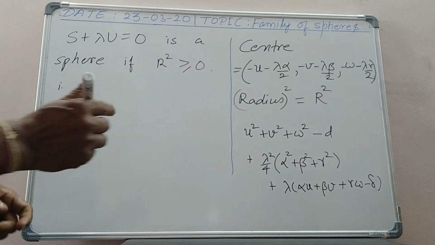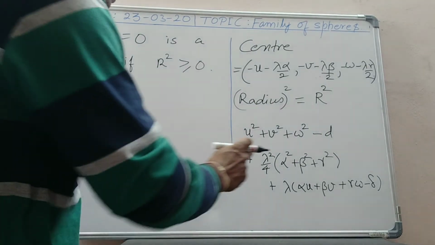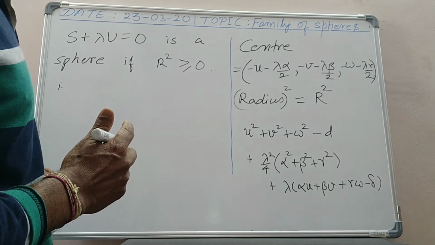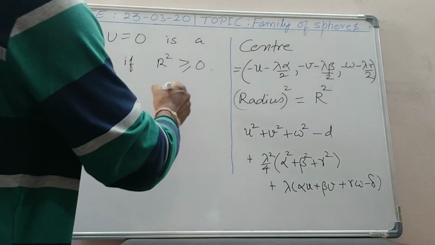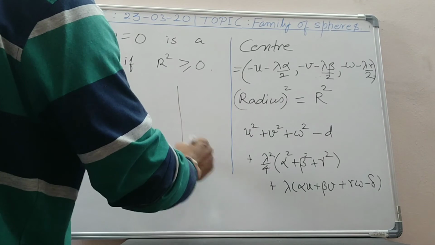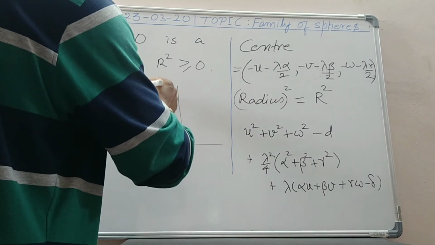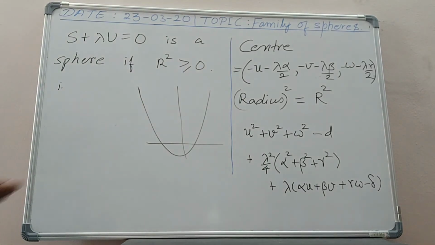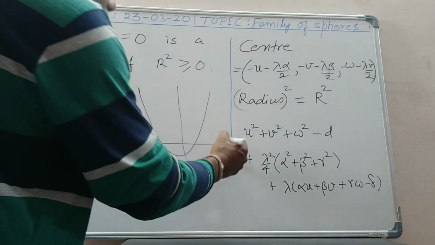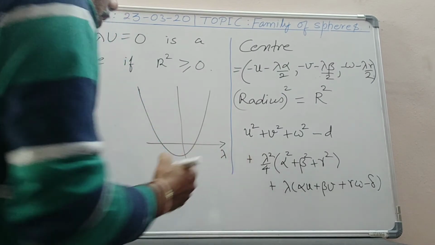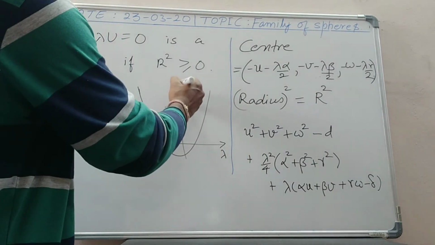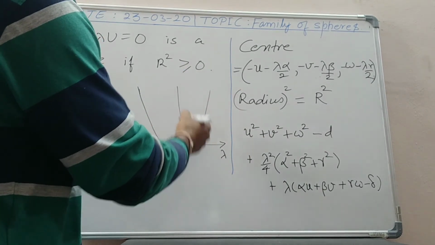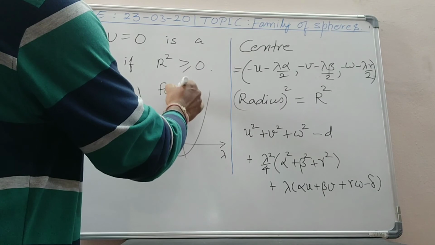The coefficient of lambda square is a non-negative number. Therefore, the parabola will be opening upwards, and the shape of the parabola will be this. So you have lambda values along the x-axis, and these are the values, f of lambda, let me say.